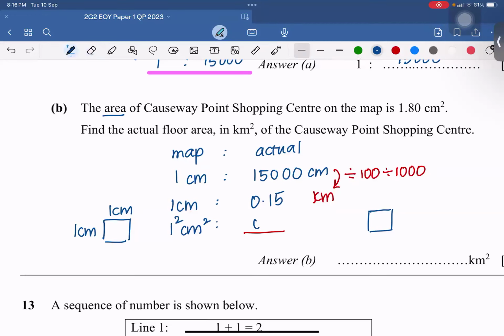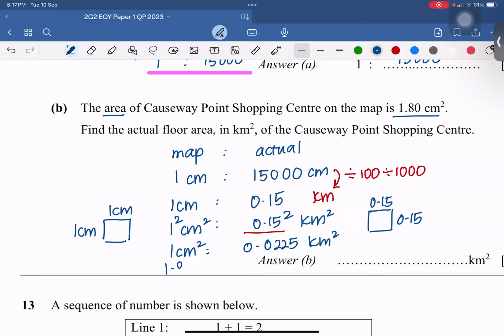What do I do to 0.15 also? Square, correct. Then it becomes kilometer square. Let's calculate: 1 times 1 is 1 cm square, and 0.15 square is 0.0225 kilometers square.